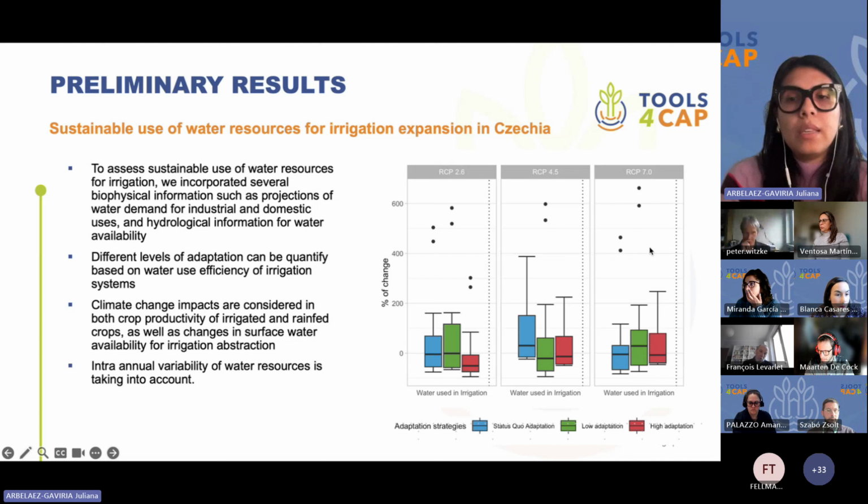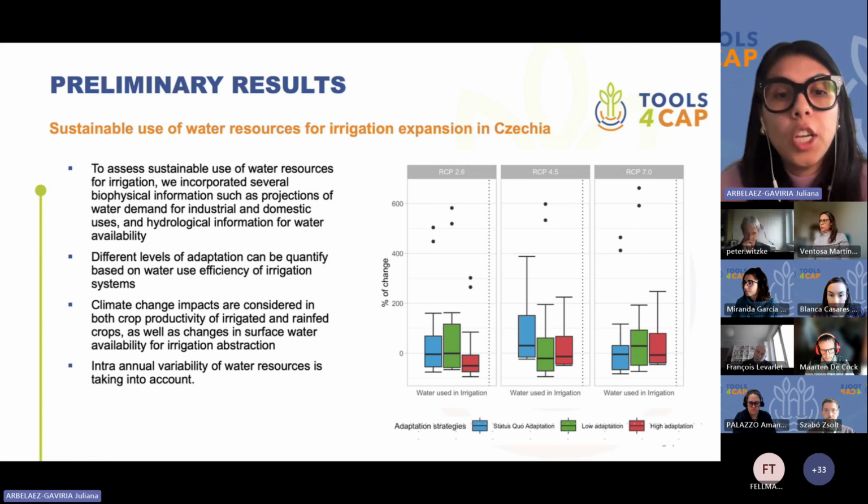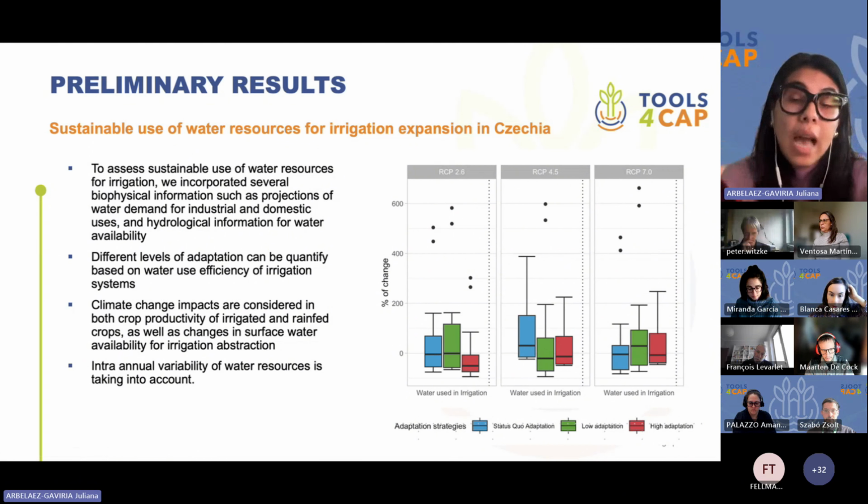So the RCP 7.0 is a reality with climate change where the warming level is higher, and you could see that immediately when you see the plot, the first question that jumps into your mind is, oh, but the water used for irrigation actually is not the highest under the higher warming level scenario.